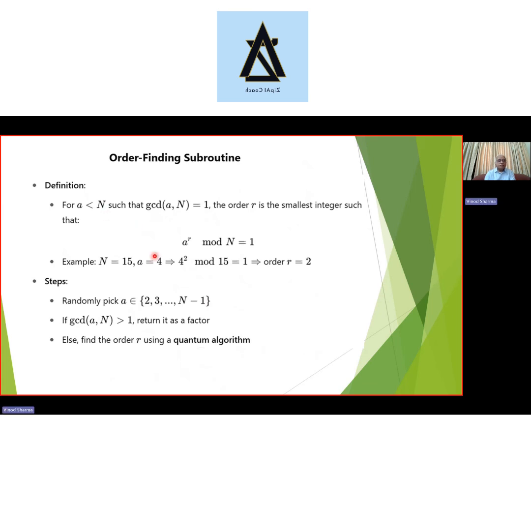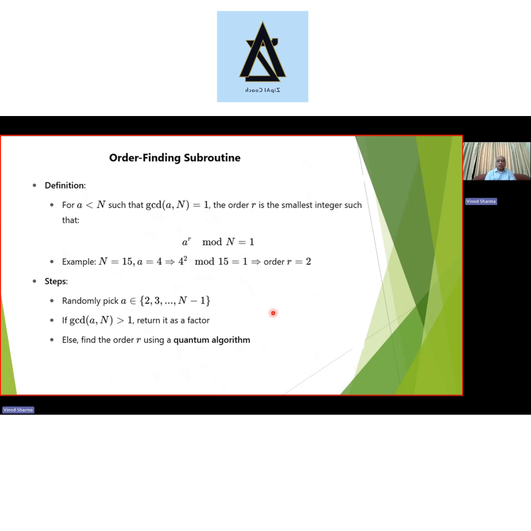We have this n. Randomly pick a between 2, 3, and up to n minus 1. So certainly a will be less than n. If GCD of a and n is greater than 1, then this itself is a factor of n. So in this algorithm, initially what we are doing is trying to find some non-trivial factor of n.